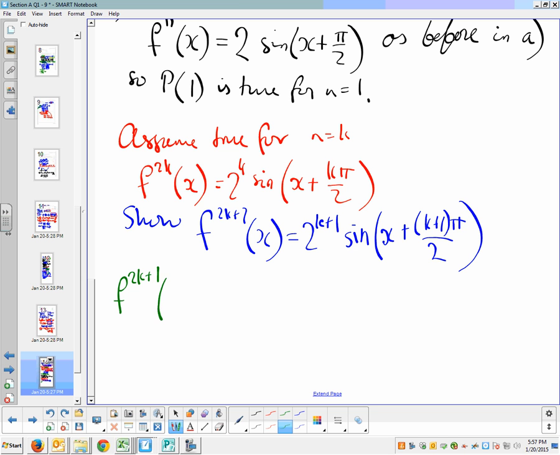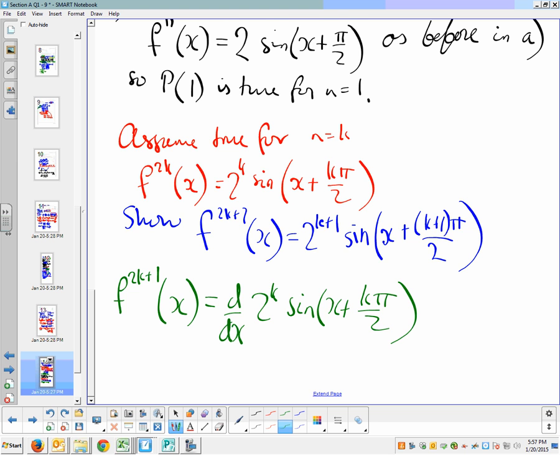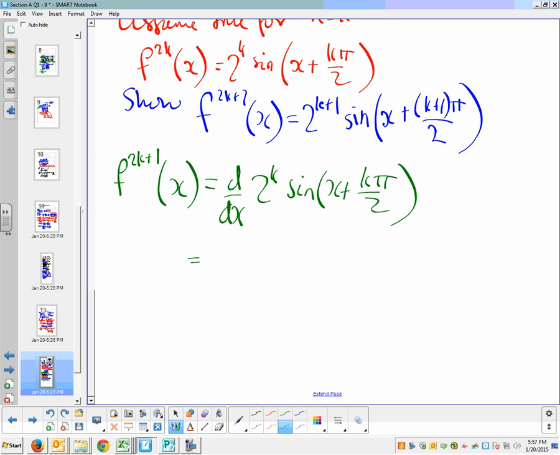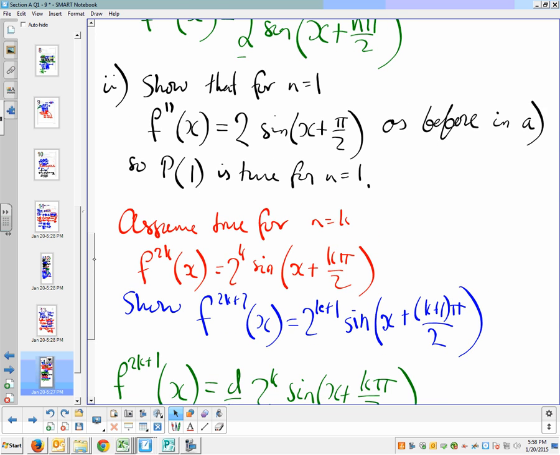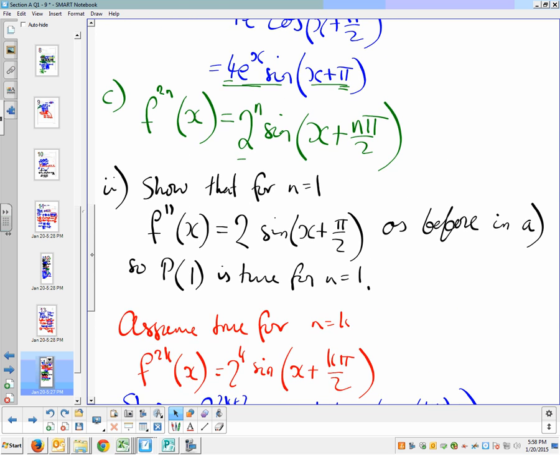So f of 2k plus 1 of x is to differentiate 2k sine x plus k pi by 2, which is equal to, oh, I've missed the e to the x all the way through here. Sloppy.